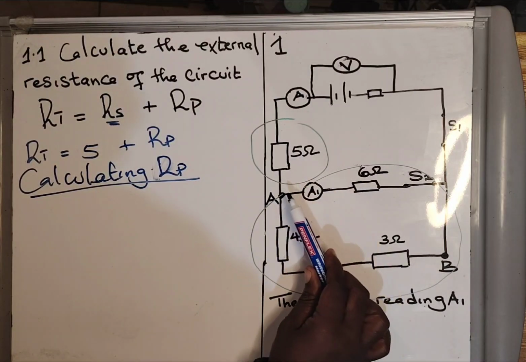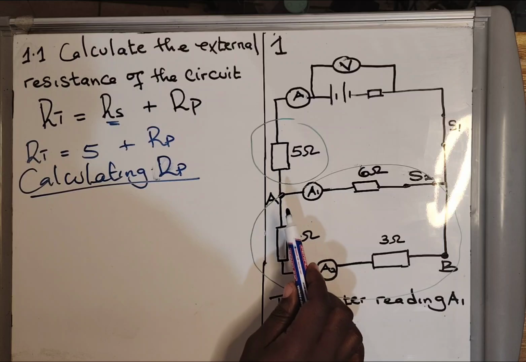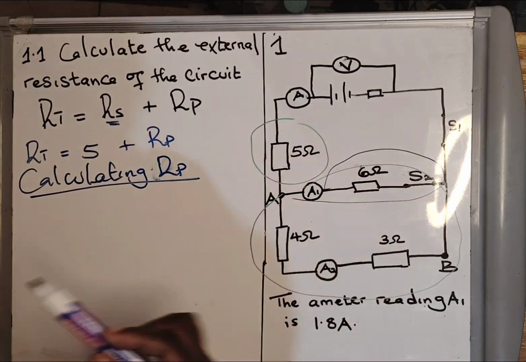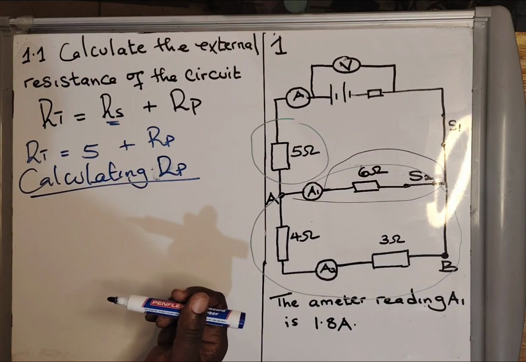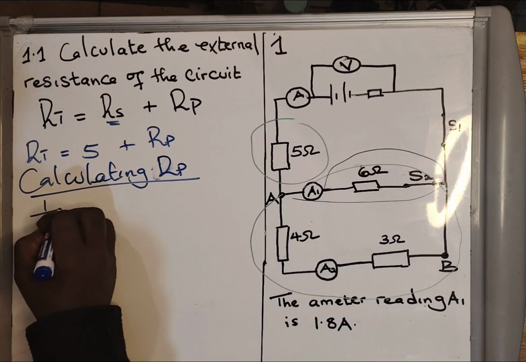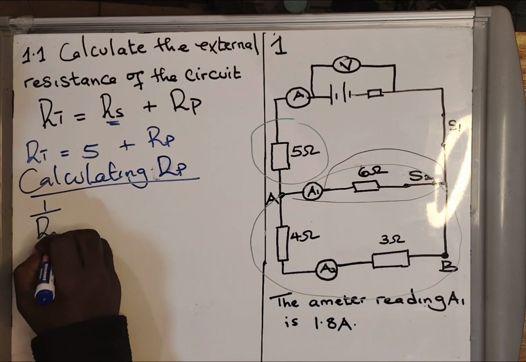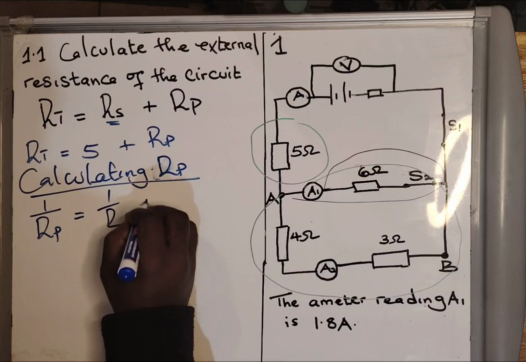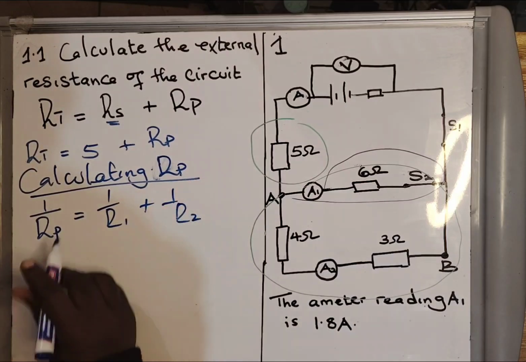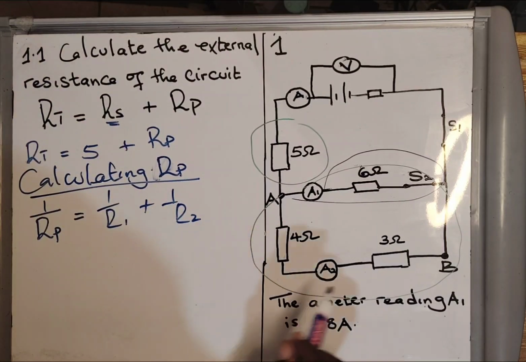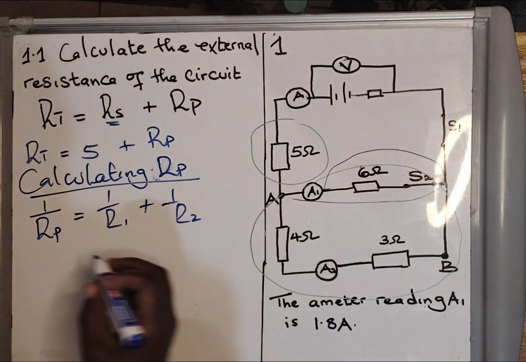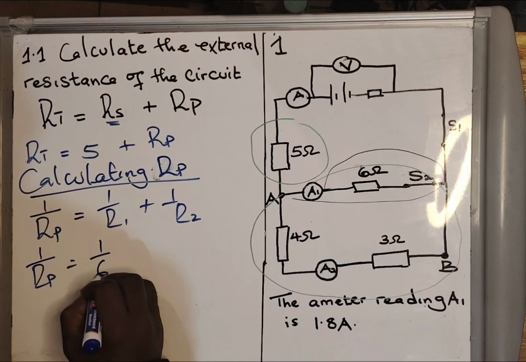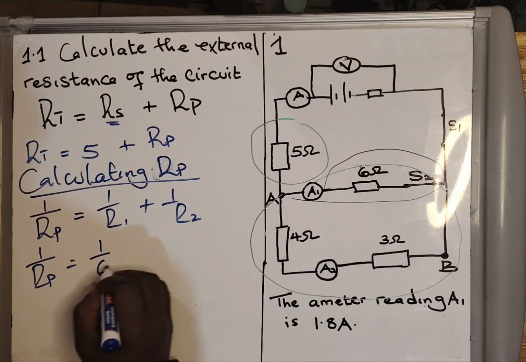We are having two branches of the parallel connection. There's this branch which has that 6 ohm. Remember that the formula for calculating the parallel resistance is 1 over R1 plus 1 over R2. We've been doing this all along. So I'm going to say 1 over RP is equal to 1 over 6. That one is already registered.